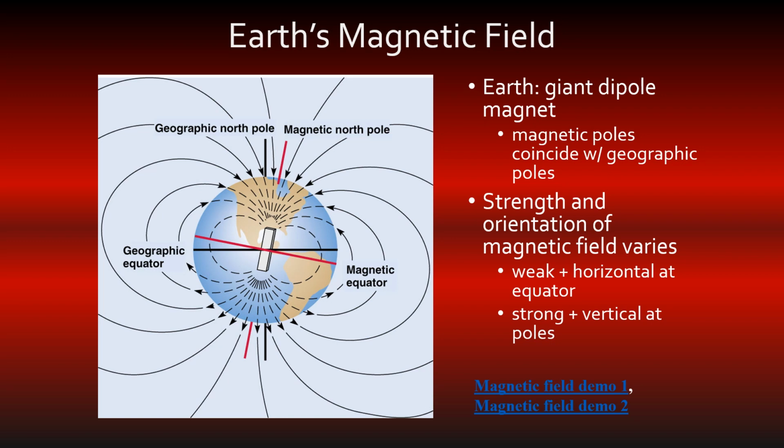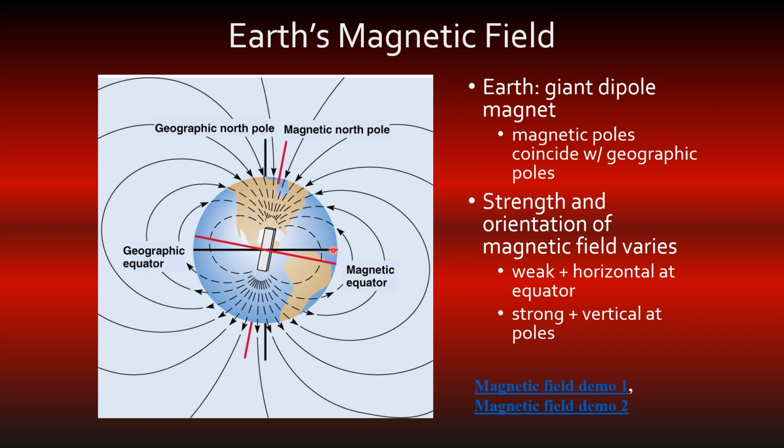So what this is illustrating here is the strength and orientation of the magnetic field, and how that varies. So if you look here at the north and south, you'll notice that the magnetic lines here are more concentrated on the poles, and then there are no lines really over here on the side.